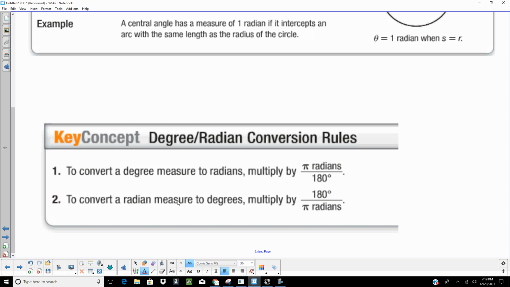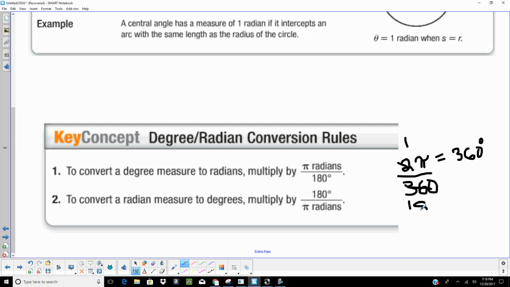I'm going to go ahead and give you that conversion. To convert degrees to radians, you multiply by pi over 180. Because we know 2 pi radians equals 360 degrees, and if I divide that by 360, that's where that pi over 180 comes from.